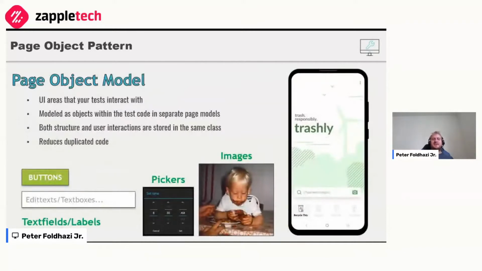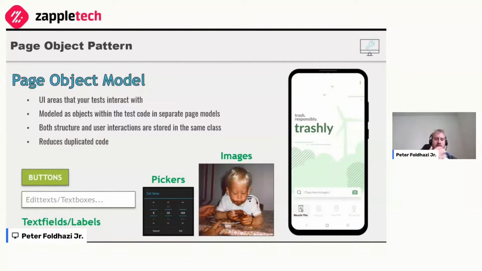Okay, so how does the page object help you with that? The page object is basically providing models, class files, for each of the pages that you're going to interact with. And each of these class files are going to write down the elements that you're going to interact with and how you can locate them. It's as simple as that.